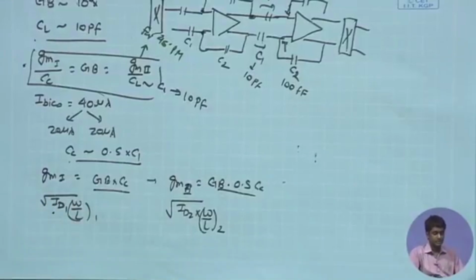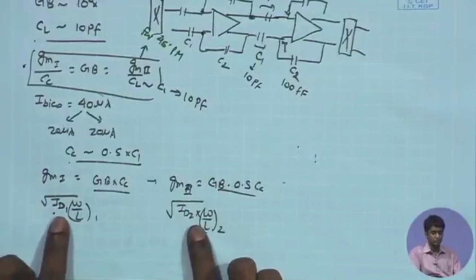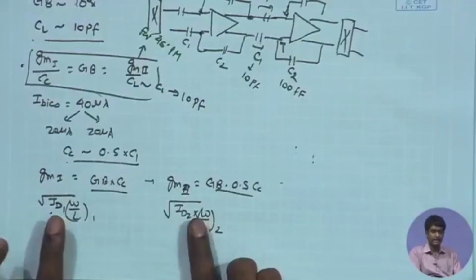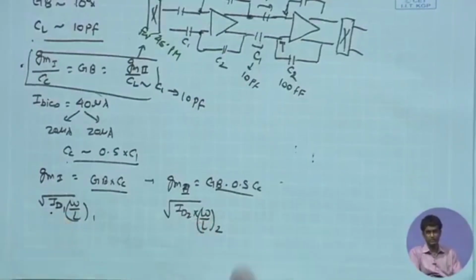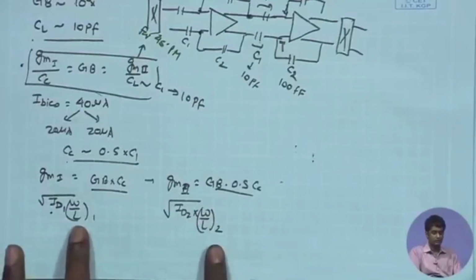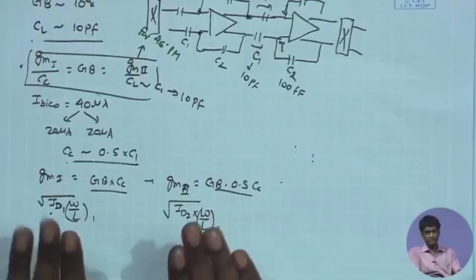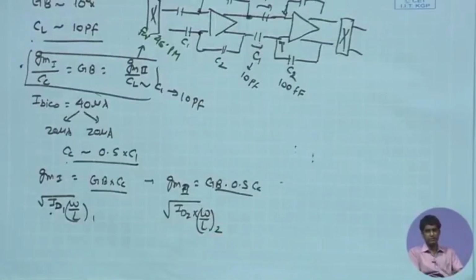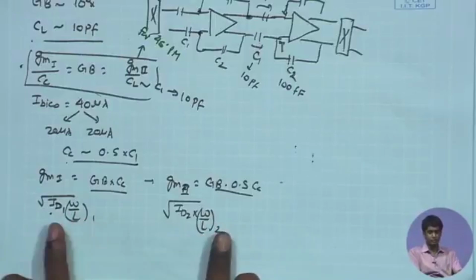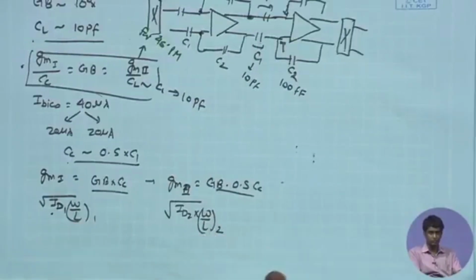And then as a result, of course, I will have to decide what is the ratio of this bifurcation, what should be the ID1 in the first stage, what is the ID2 in the second stage, and there also it will lead to the corresponding ratio of W by L 1 and 2. In the first amplifier design, I did not consider the ratio of W by L 1 and 2 so important.